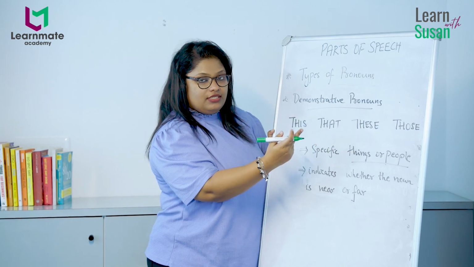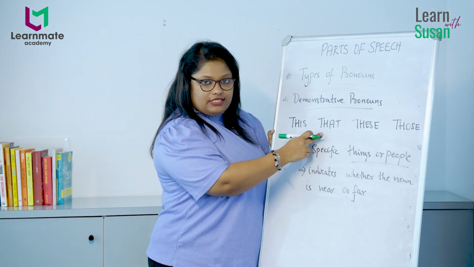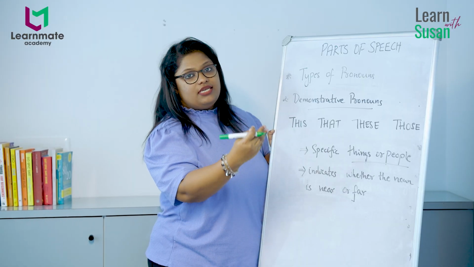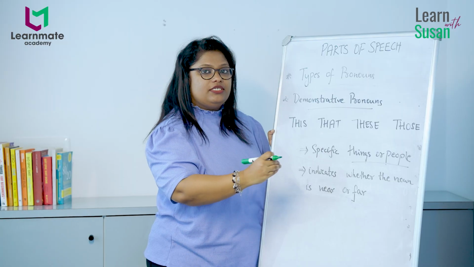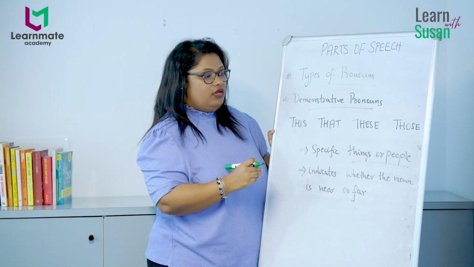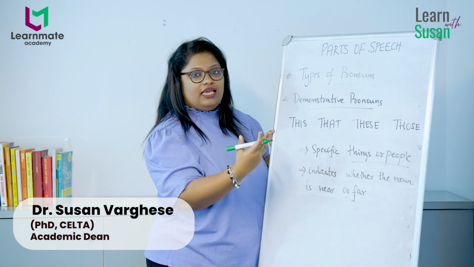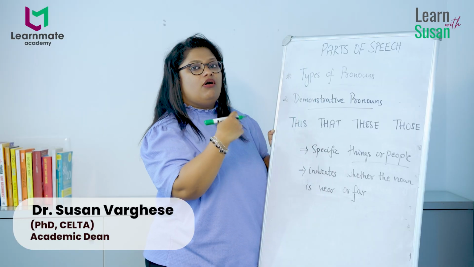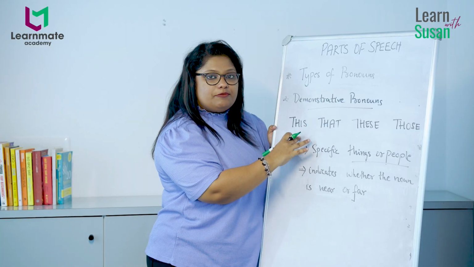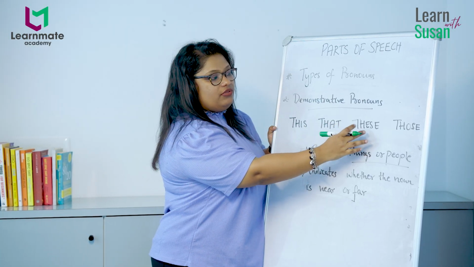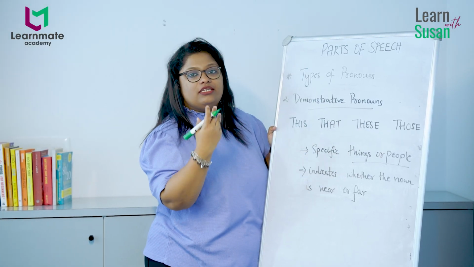Now when I convert that same sentence into that, I give the sentence as that is my book. So I'm referring to a book of mine which is kept a little farther from me. So this and that indicate nearness or how far a particular noun is. So the same aspect is connected to these two pronouns, these and those.